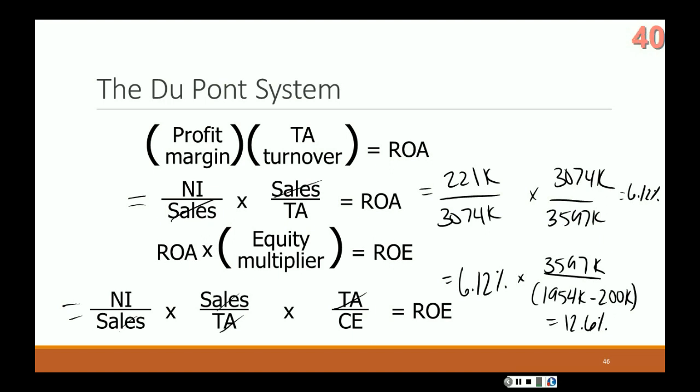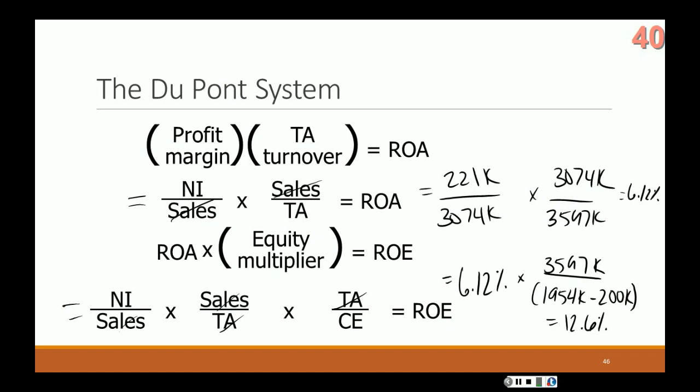So ROA, that means that this company made 6.12 cents on every dollar of sales. Excuse me. Their profit margin was 7.2 cents, so 7.2%.